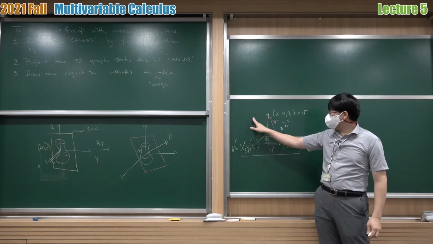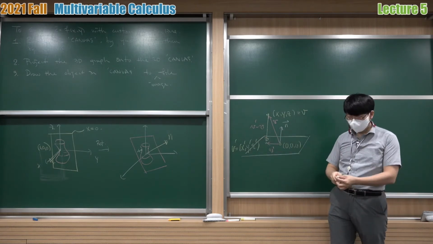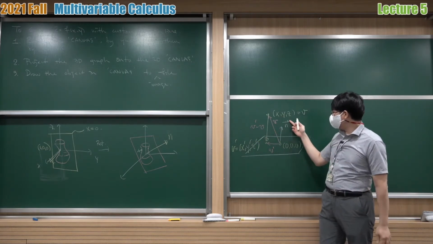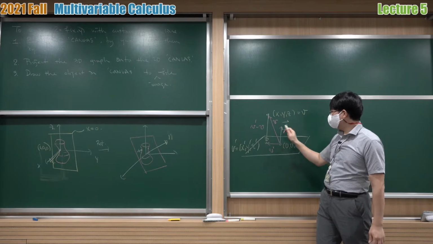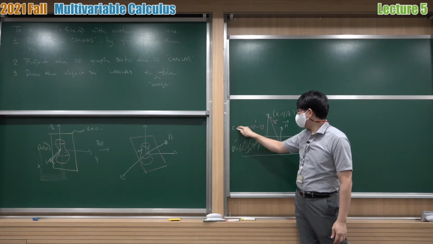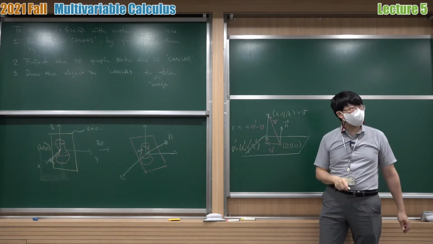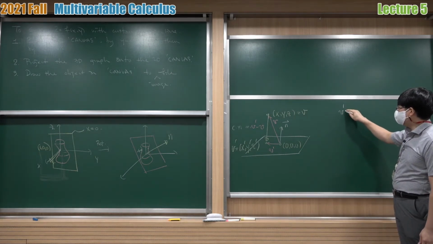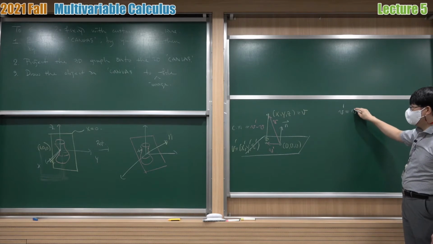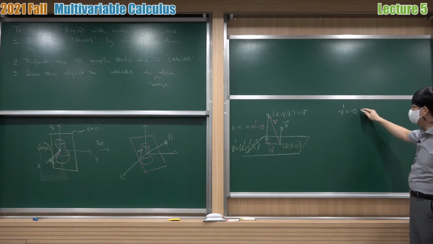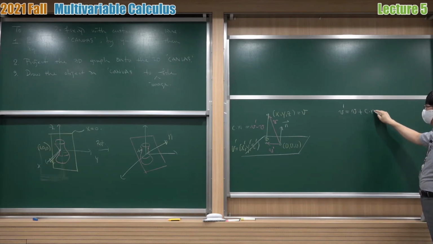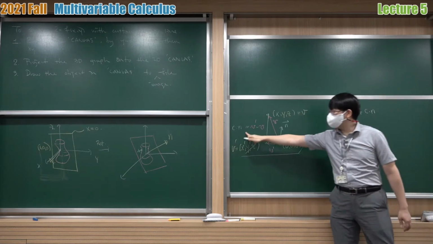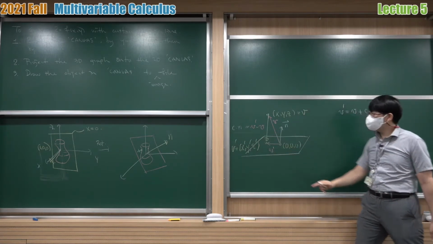Let's take this one as what we don't know yet. But we know that this is parallel to n, so we know that this is c times n, right? So I know that v prime equals v plus c times n because of this assumption here.